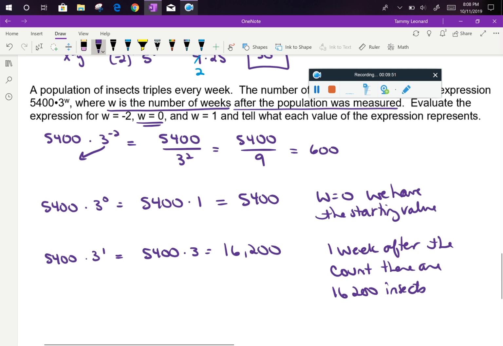Now, if we look back at the other number, we notice that it's smaller than either of these two, and that the number of weeks is -2. So if we think about that, what does -2 weeks mean? Well, w equals -2 means 2 weeks before the count of the population.